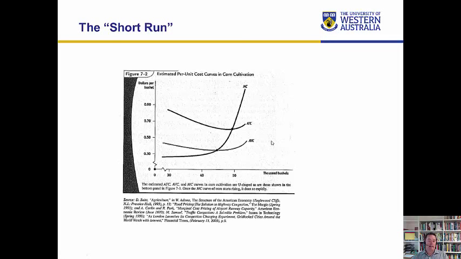Given an expected price of 70 cents per bushel, if you take a line horizontally from 0.7 on the vertical axis across to the marginal cost curve, that would be the profit maximizing level of output this farmer can actually produce. So because of the shape of the marginal cost curve, these rapidly rising marginal costs represent a very large constraint on the farmer's ability to actually increase production.